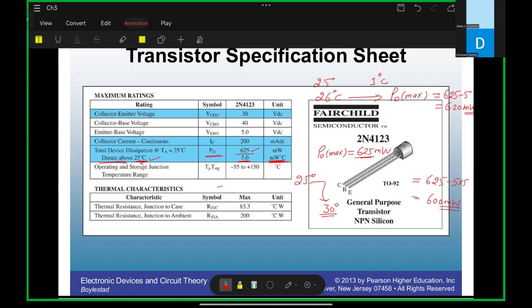If I take this temperature to 55 degrees, then how much will the power dissipation be? 625 minus how much temperature we increased?